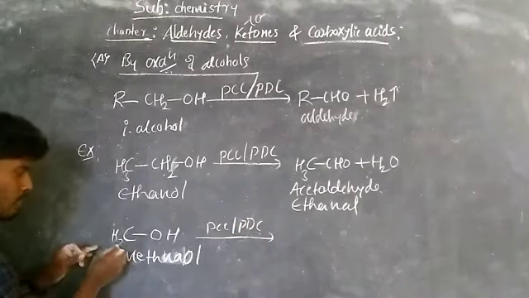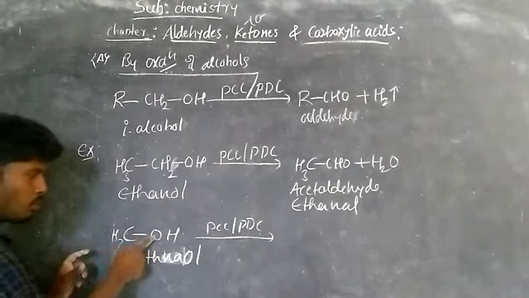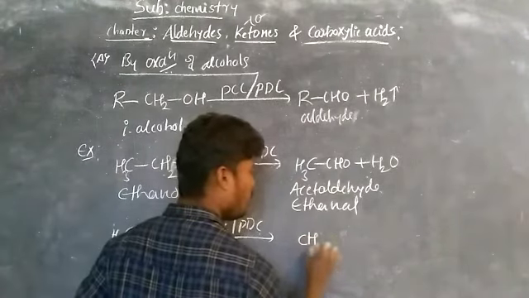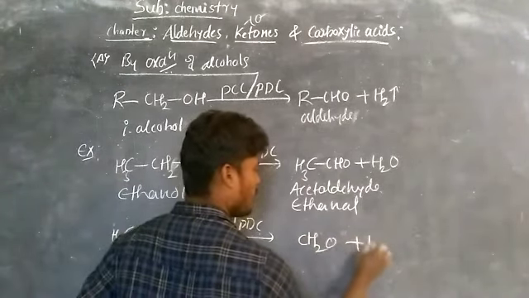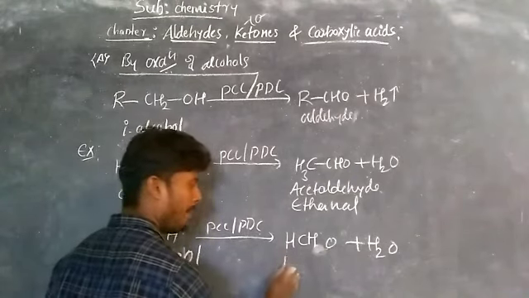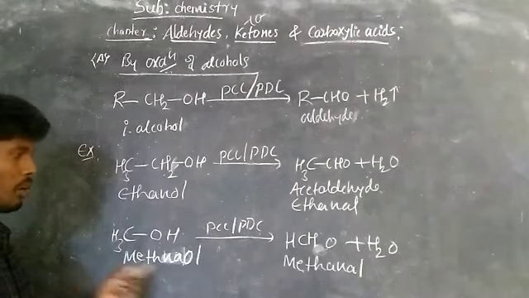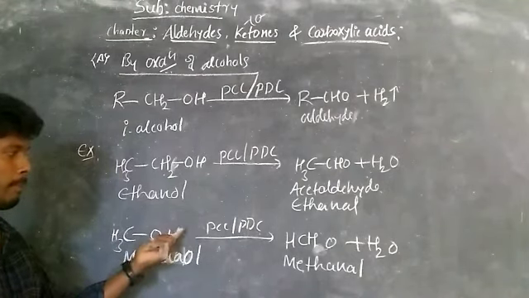Two hydrogens, one hydrogen from here and one from here, become H2, remaining with CH2O, that is CH2O plus H2. CH2O is written like HCHO. So what is the name? Methanal. Okay, this is the preparation of aldehydes from primary alcohols in presence of PCC or PDC.